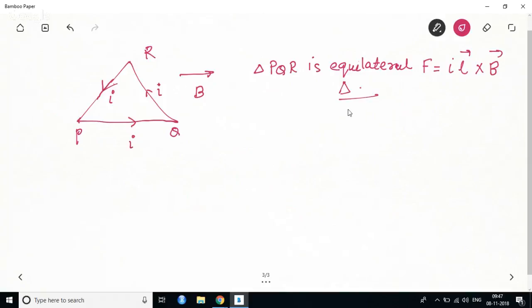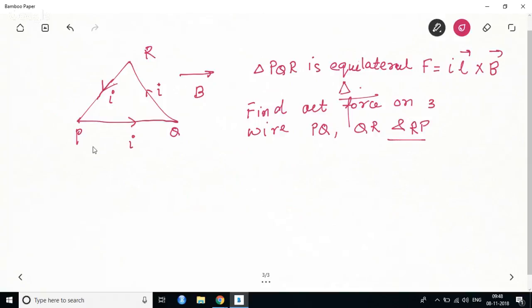Now find out the force on the three wires: PQ, QR, and RP. The hint is, don't take the magnitude of the current, just find it in terms of I and B.